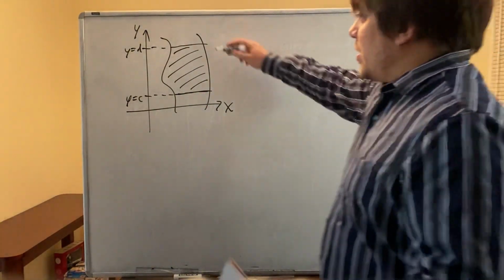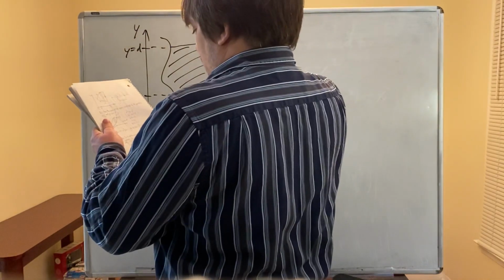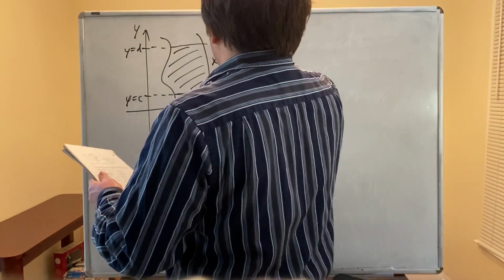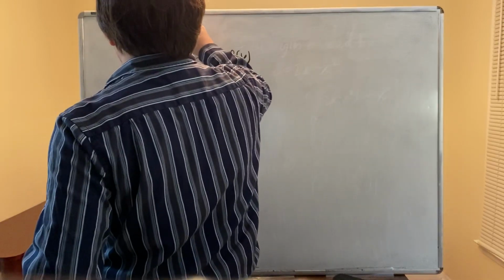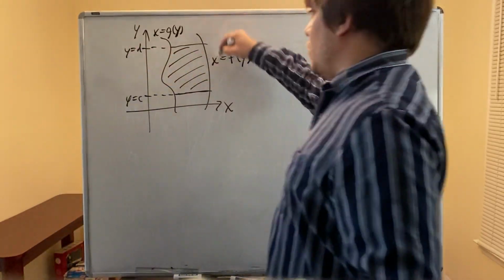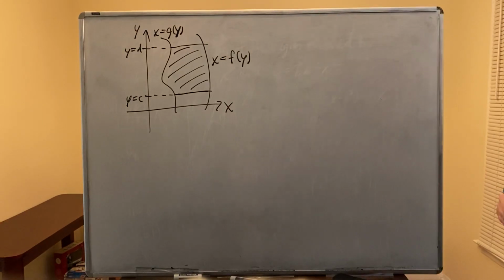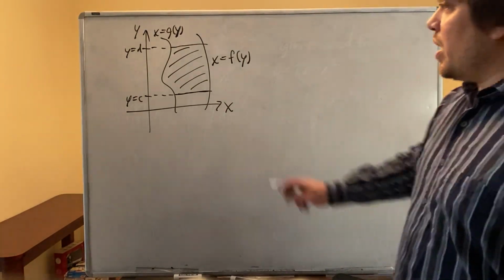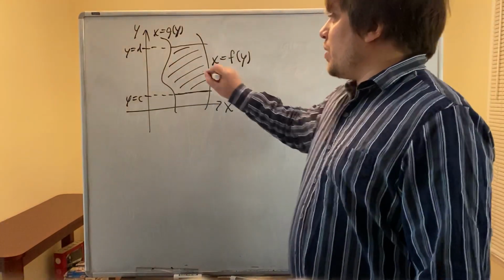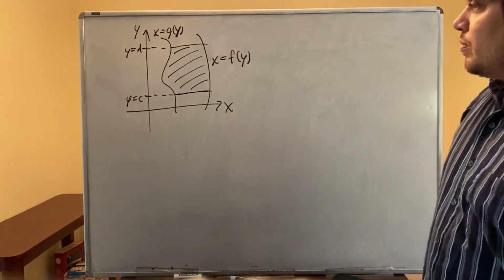This curve is x equals g of y, and that's x equals f of y. So now x is a function of y. The input is the y value, and the output is the x value.